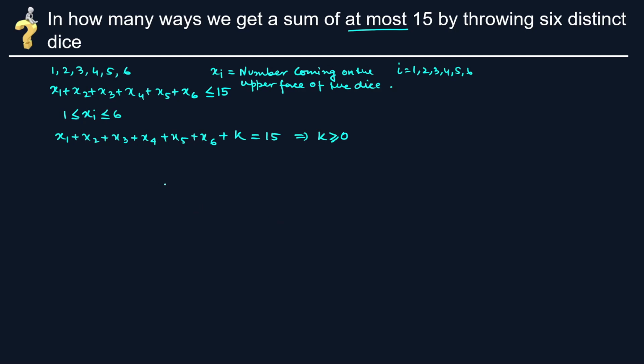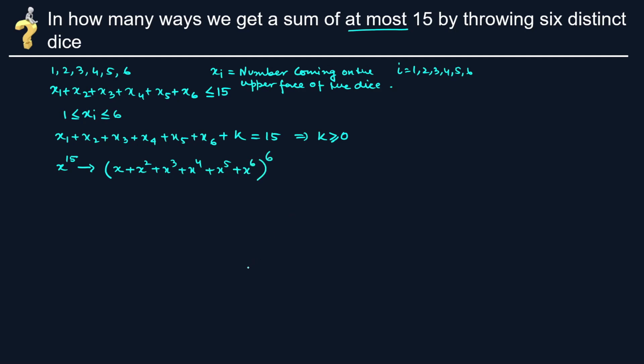You want to find out the total number of solutions. Am I correct or not? So we have to actually find out the coefficient of x to the power 15 in the expansion of x plus x square plus x cube plus x to the power 4 plus x to the power 5 plus x to the power 6 whole to the power 6.